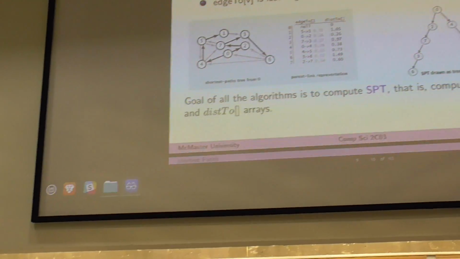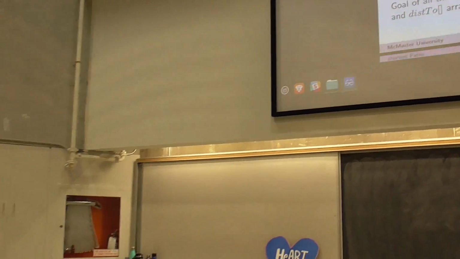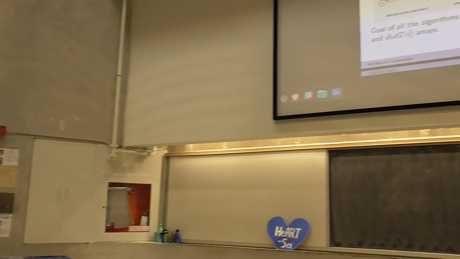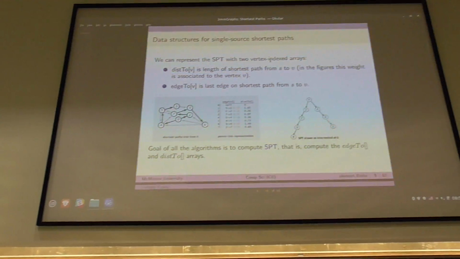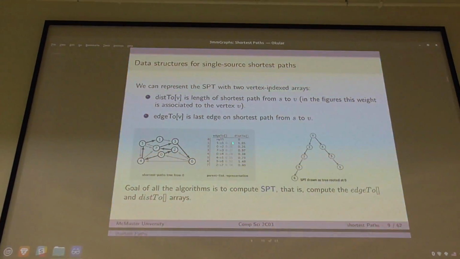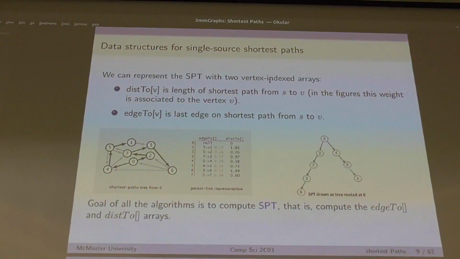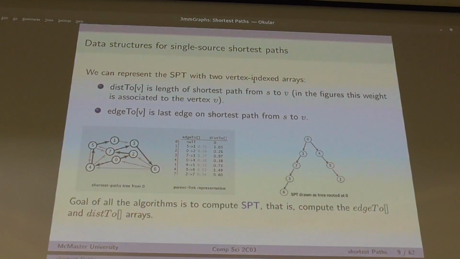So, we are concerned with two things. Number one, maintaining what the actual distance to the node is. And two, how did we get here from the most recent node we visited? Turns out that this is actually sufficient.